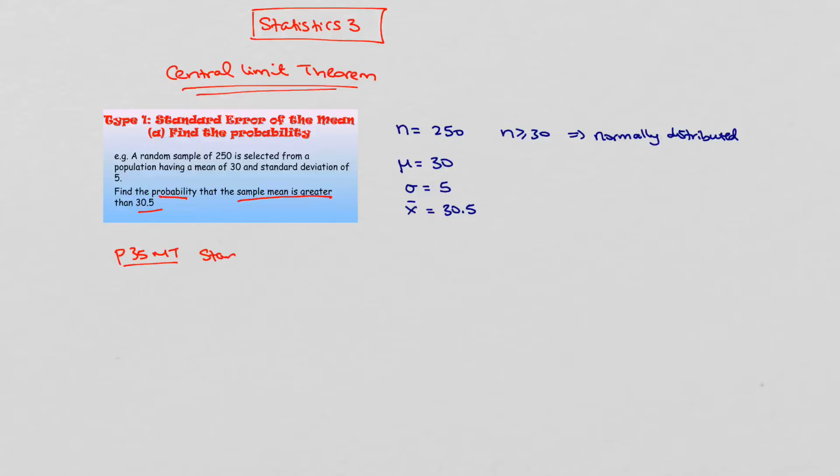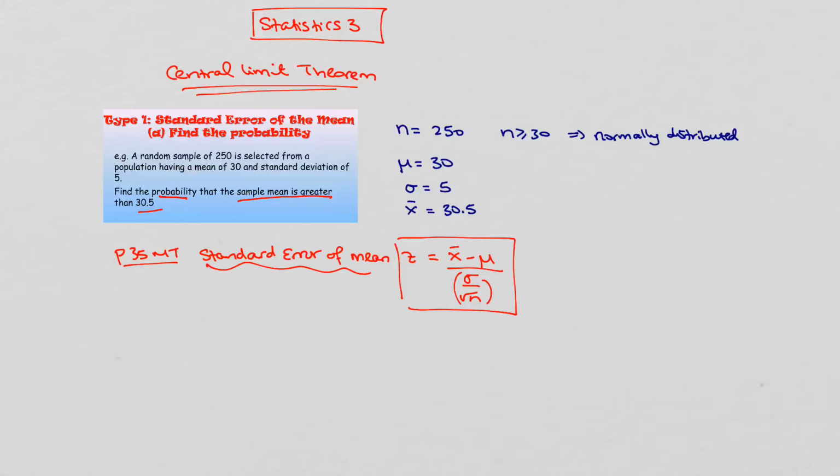The standard error of the mean is our z-score as we know it of old, but adapted because we're looking at a sample. It's the sample mean minus the true population mean over sigma over root n, in other words, the new standard deviation.